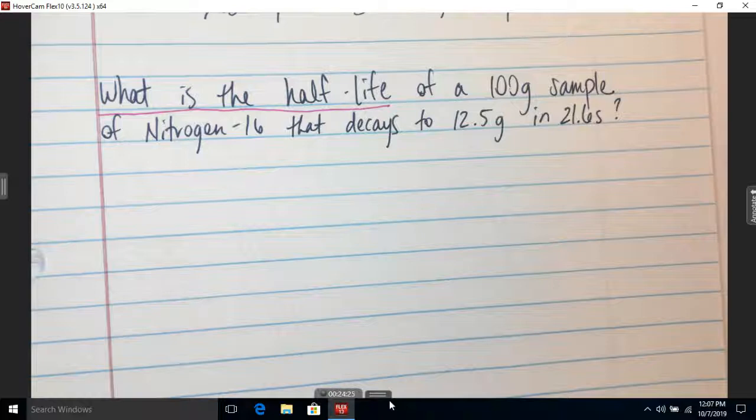Did they give us the half-life? No. The question says, what is the half-life? They didn't give it to us. This question is designed for you to calculate it.